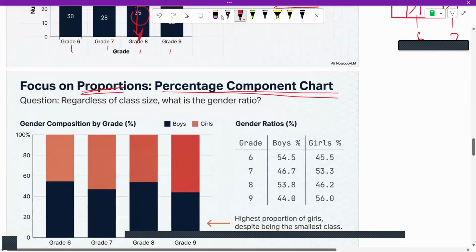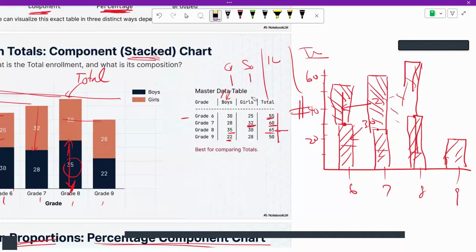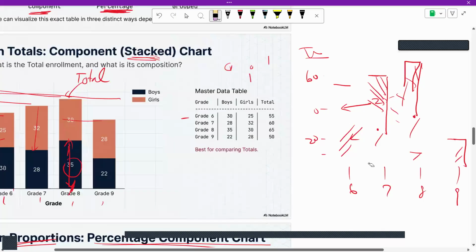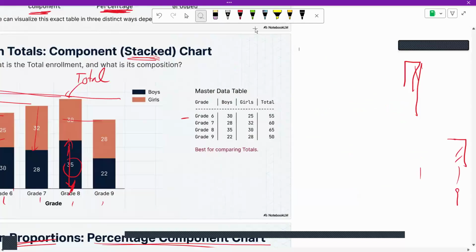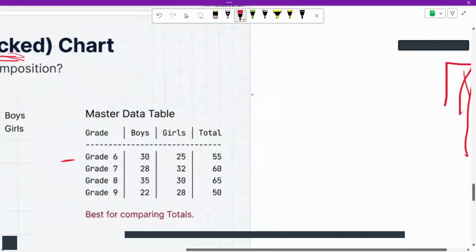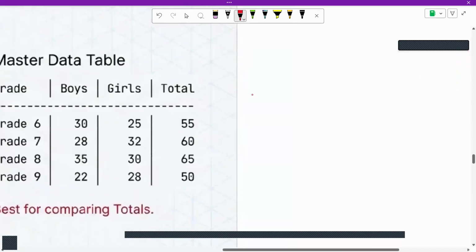Here we know how we draw this. First we have to convert these values into percentages. How do we calculate that?